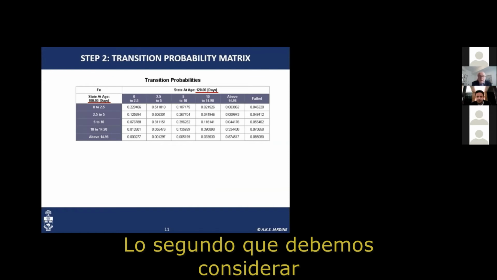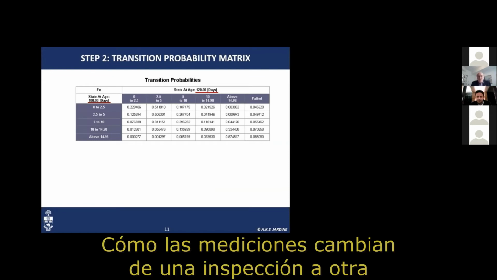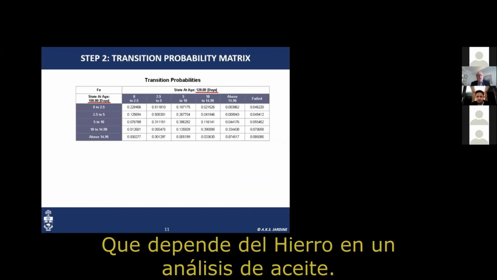The second thing we need to consider are what we call transition probabilities. How do measurements change from one inspection to the next inspection? Now, this is an example coming from real data in an organization dealing with iron in an oil sample.